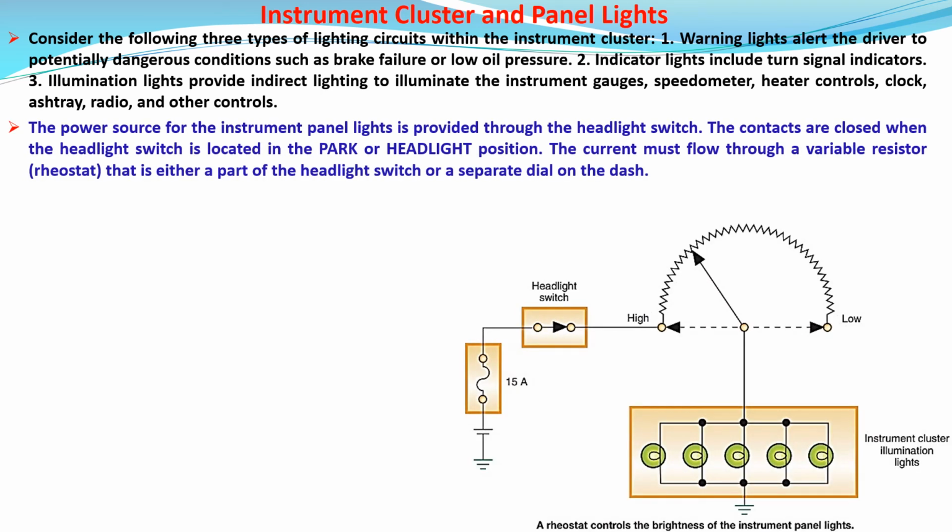The power source for the instrument panel lights is provided through the headlight switch. The contacts are closed when the headlight switch is located in the park or headlight position.